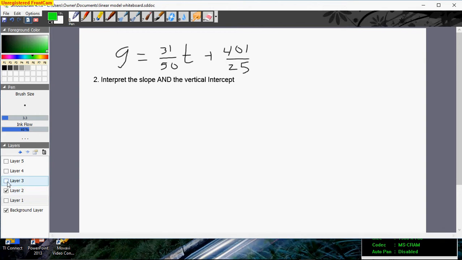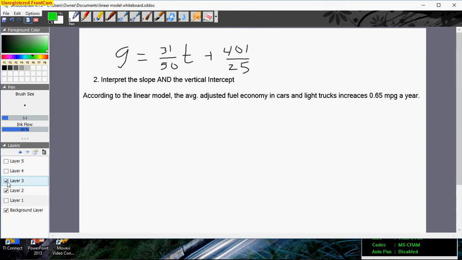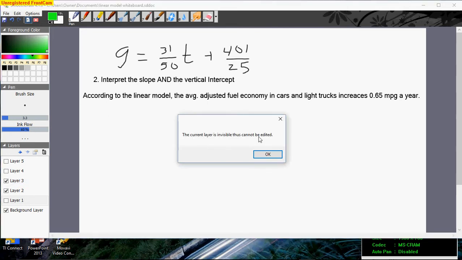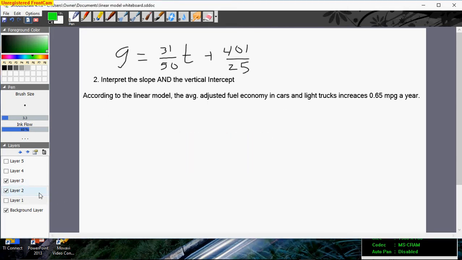And this is how you're going to format your answer. According to the linear model, keep this introductory clause in there because you're trying to state your case, and what are you referring back to? You're not referring back to Santa Claus. It's not according to Santa Claus such and such. It is because you created a linear model that you are going to make your claim.